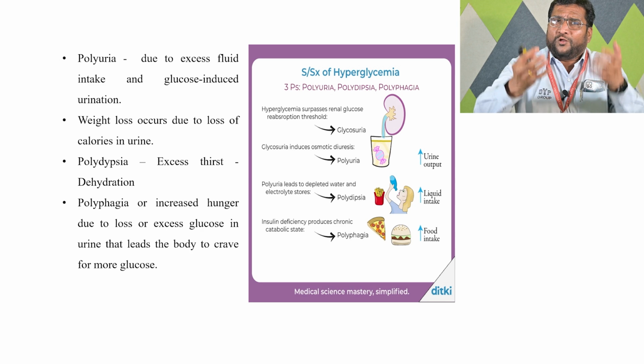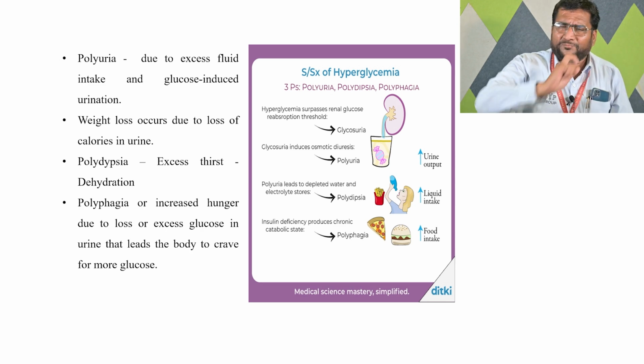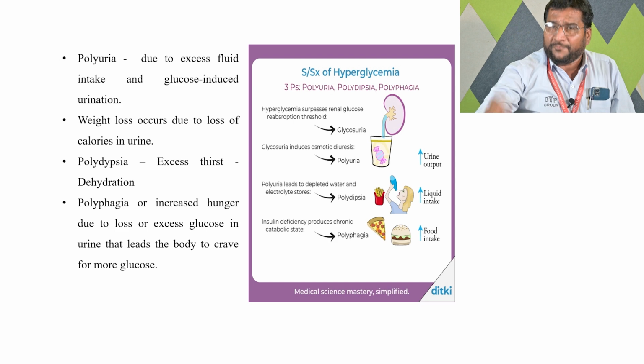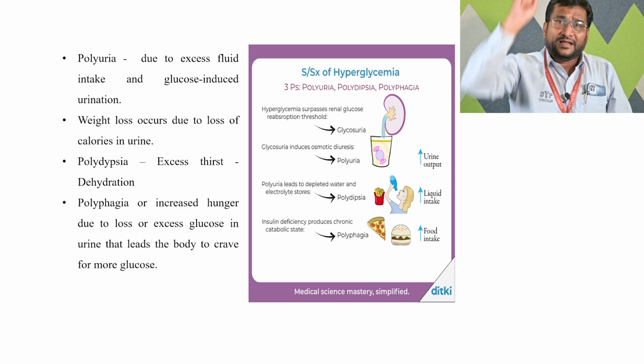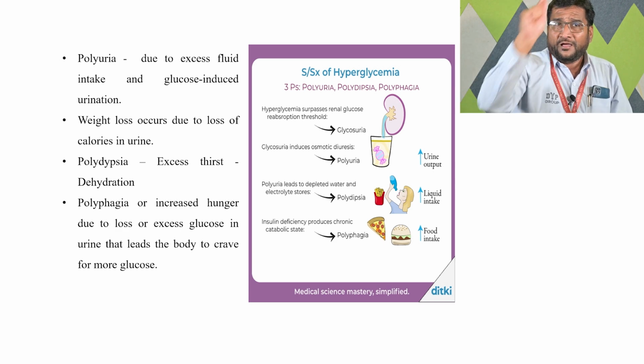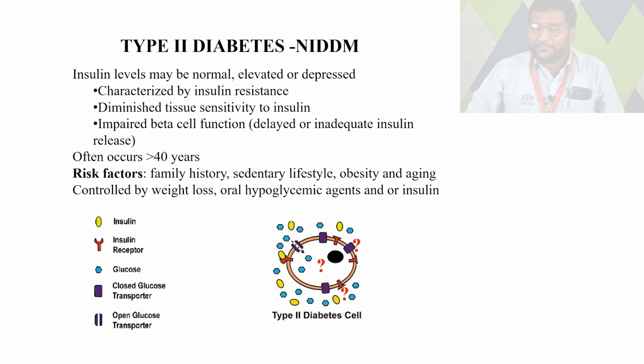So with the loss of excess glucose in urine, the body is every time craving for more glucose. That's why these are the 3 important polys generally seen in diabetes mellitus: polyuria, polydipsia and polyphagia.